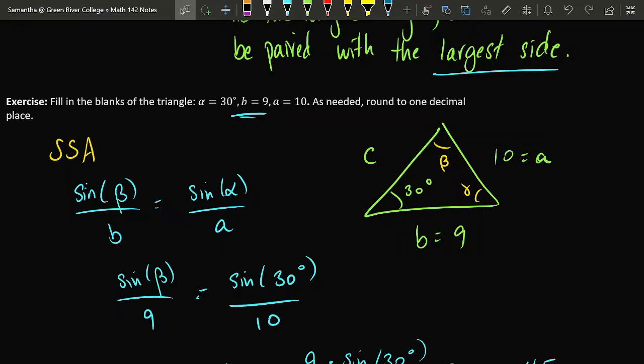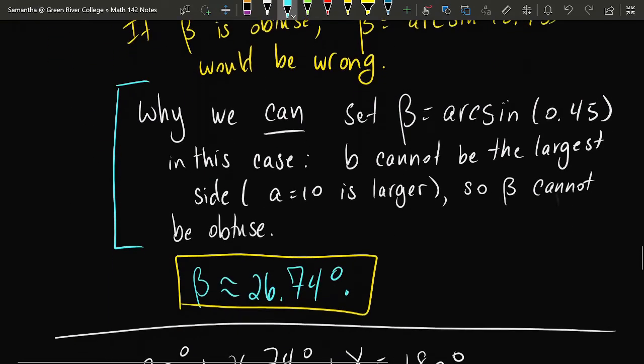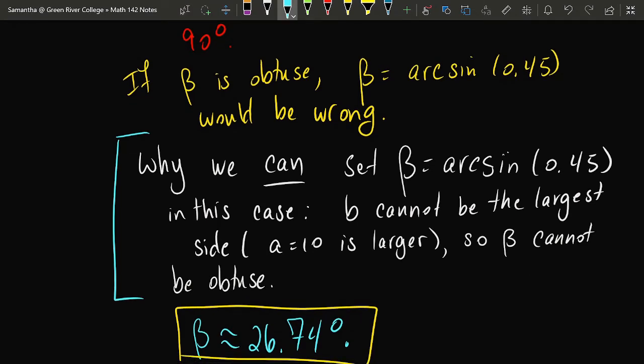Because B was guaranteed not to be the largest side, beta was guaranteed not to be obtuse. Beta was guaranteed to be less than 90 degrees, and therefore it was safe to calculate beta by setting beta equal to arcsine of something.